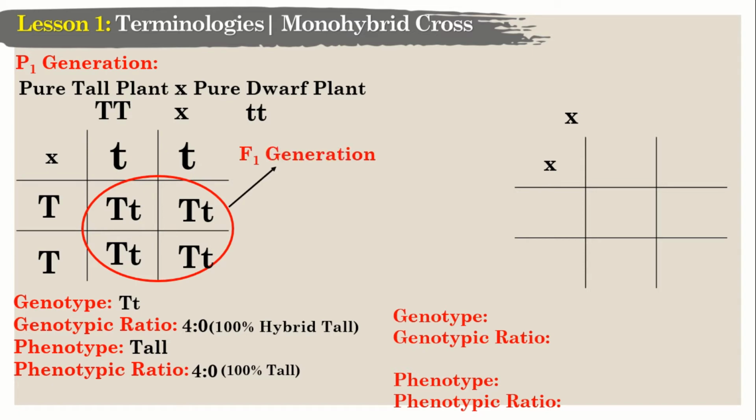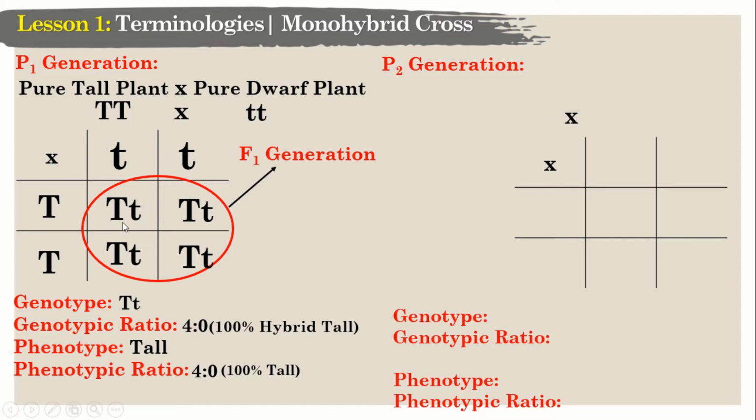Kumbaga, kung sila lolo at lola yung P1 generations ninyo, these are the parents, your parents. If you are asked to cross two F1 generations here, or the parents, it becomes parental 2 generation.